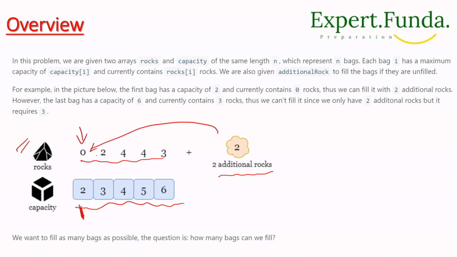However, the last bag has capacity 6 but currently contains 3. So we can't fill it, since we have only 2 additional rocks but it requires 3. So that capacity will be lost, obviously.